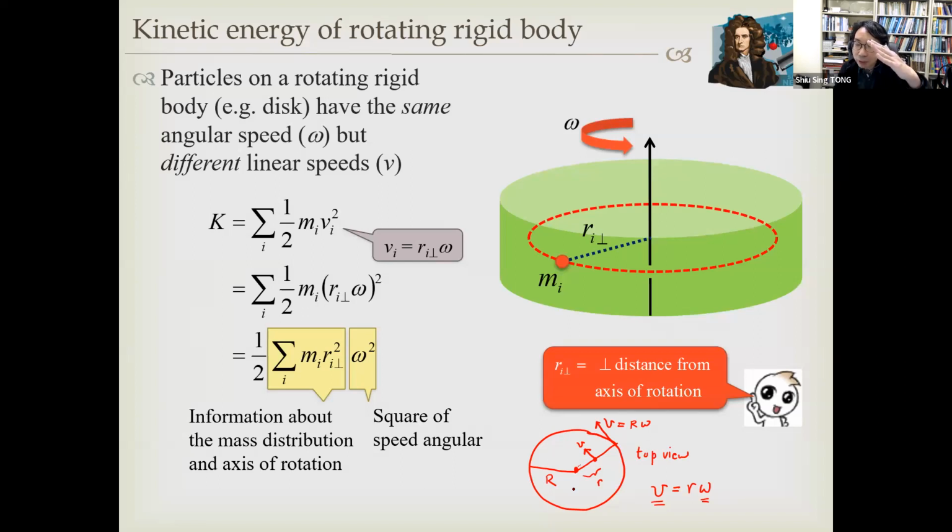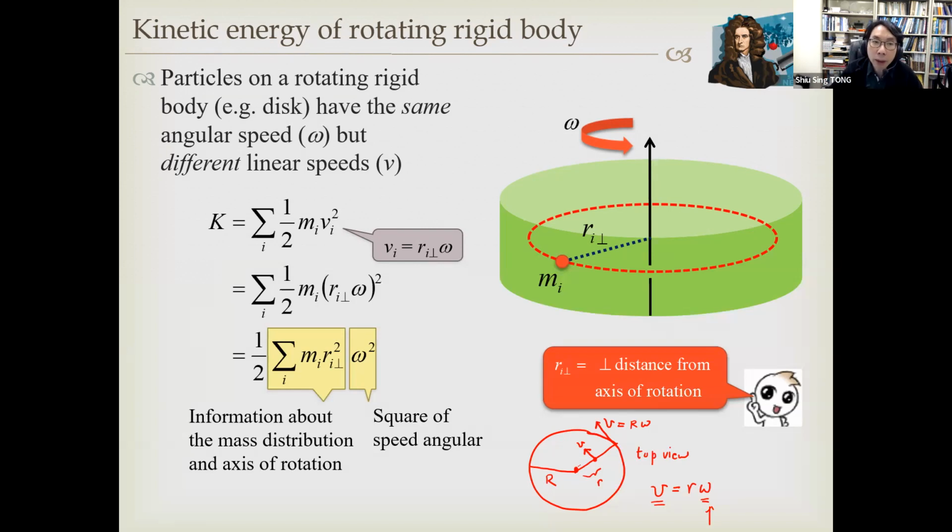If one particle turns by 30 degrees per second, another particle in another position of the disk also turns by 30 degrees per second. So that's why omega is a better parameter for describing the motion, because all the particles share the same omega. That's the small advantage of using omega rather than v to describe the motion.